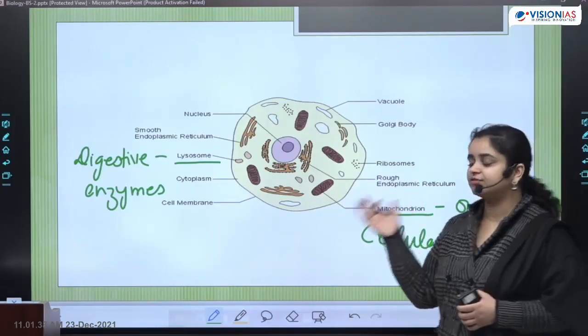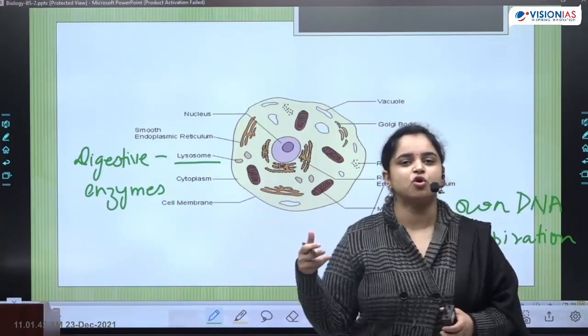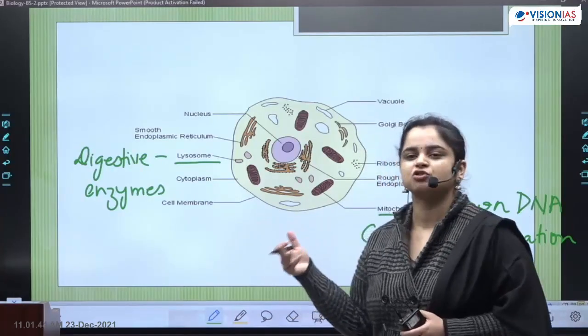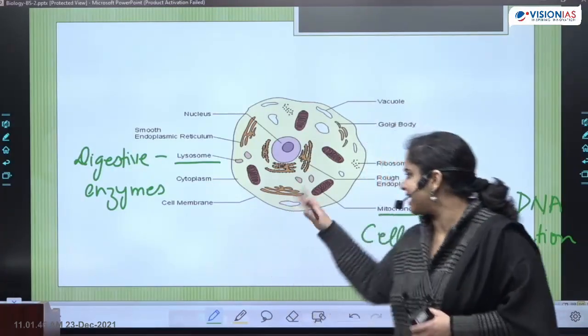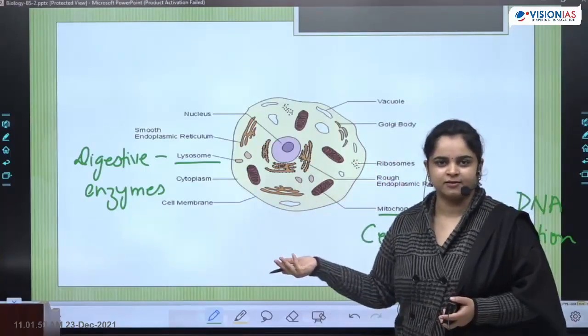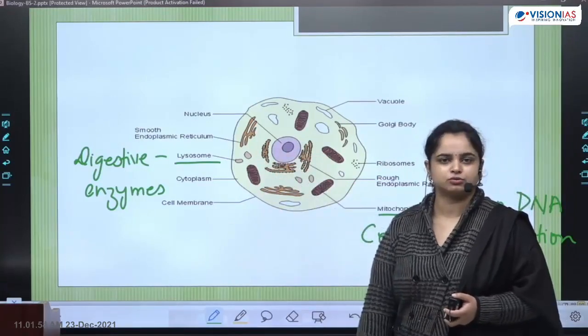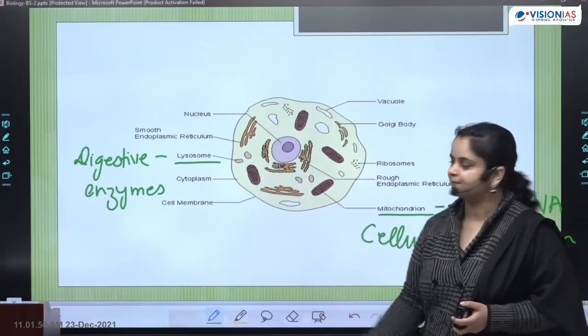So because of this capacity of lysosomes, they are also called the suicide bags of the cell. Because the cell killing its own self is like committing suicide. So the cell can commit suicide with the action of lysosomes. Okay, write down.